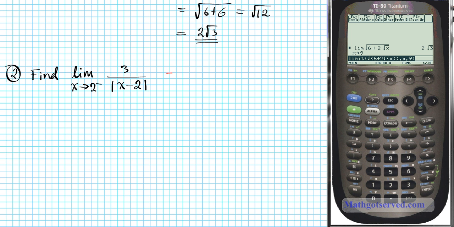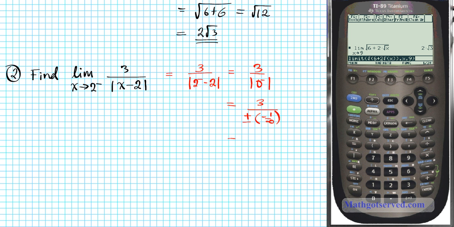So this becomes 3 over the absolute value of 2 from the left minus 2, which equals 3 over the absolute value of 0 from the left. Okay, and then this becomes 3 over plus or minus 0 from the left is negative 1 over infinity.